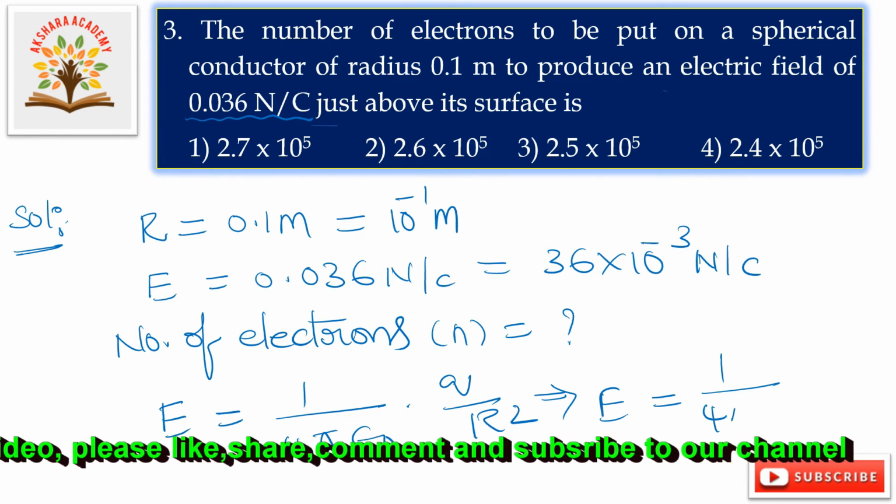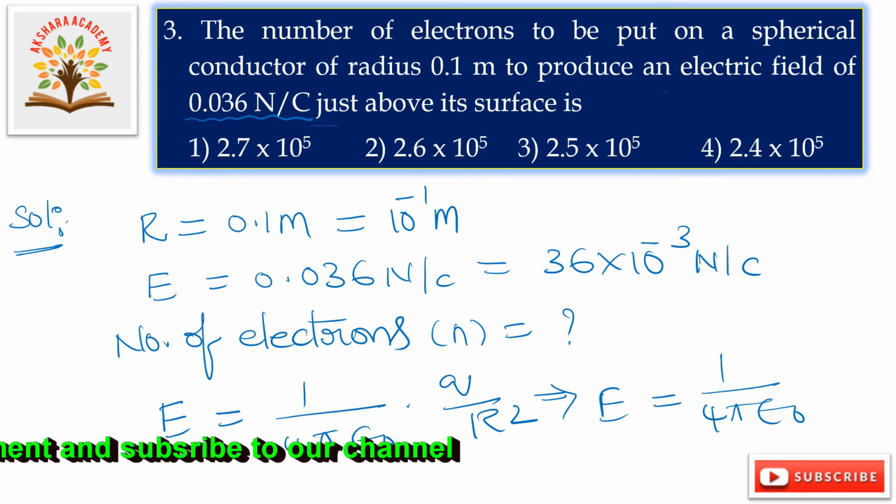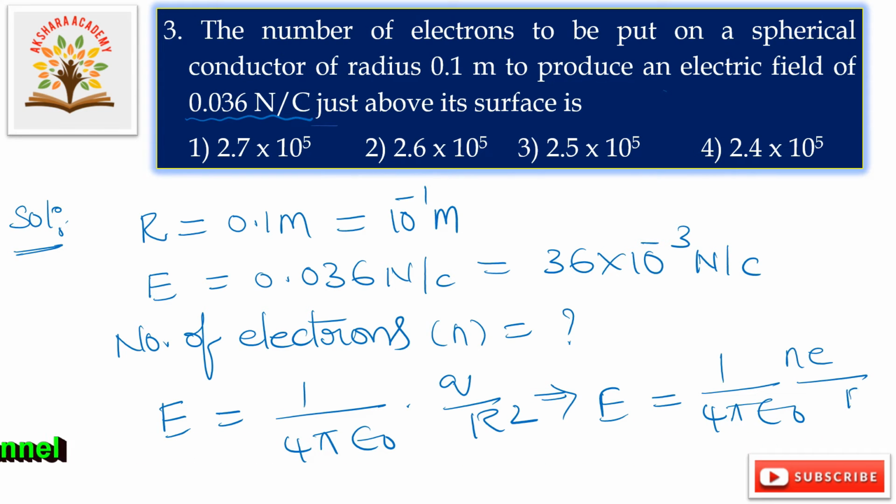So 1 by 4 pi epsilon naught N E by R square. Now from this we are writing the formula for number of electrons. N is equal to E of 4 pi epsilon naught R square by e.